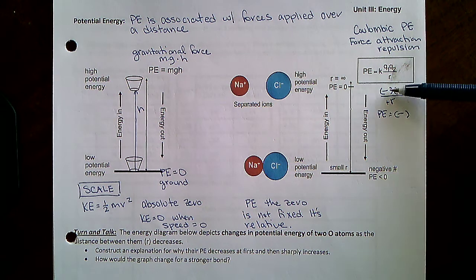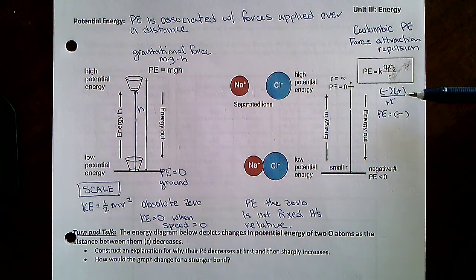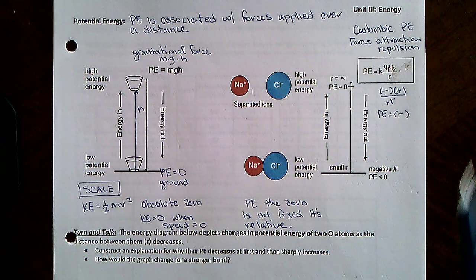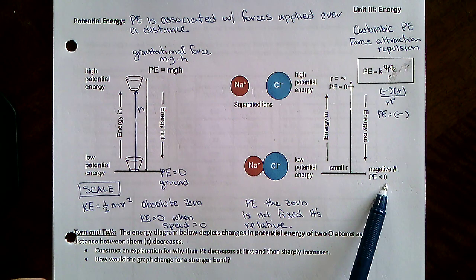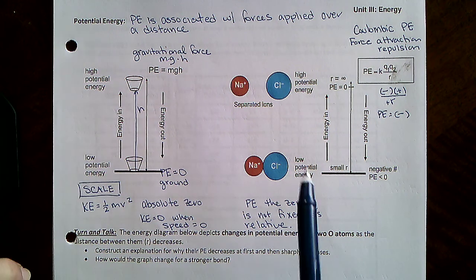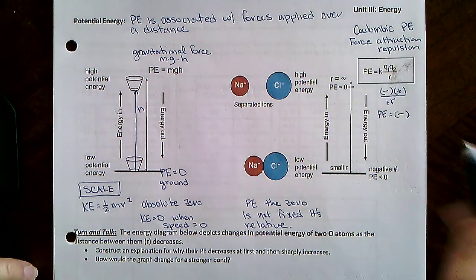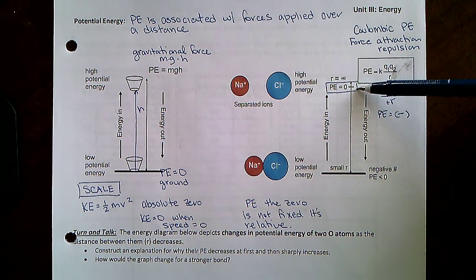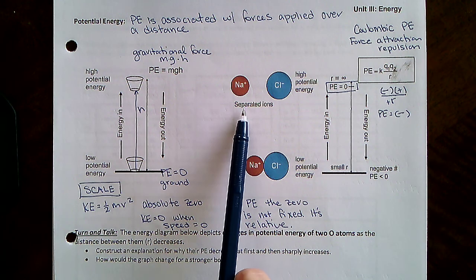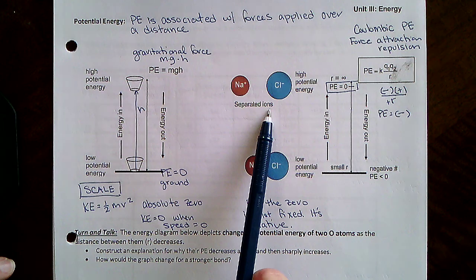So as Q1 and Q2 get bigger and bigger, as you have more and more attraction, that's associated with negative potential energy. So for Coulomb's law, the potential energy of zero is associated with charged species completely separated, okay?